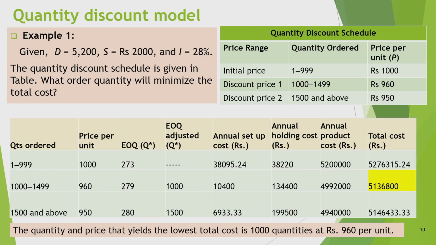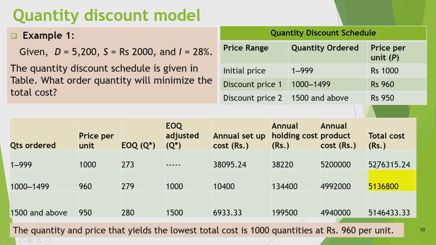Naturally there is no need to adjust EOQ, I will order 273, and the annual setup cost in that case we calculated will be 38,095. Similarly, annual holding cost has been calculated, annual product cost is also calculated, and then total cost is the sum of all these things.